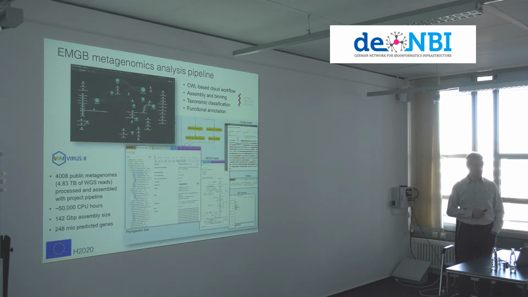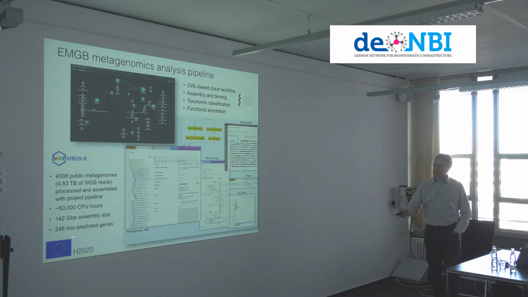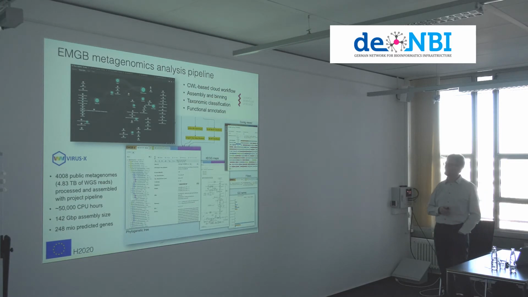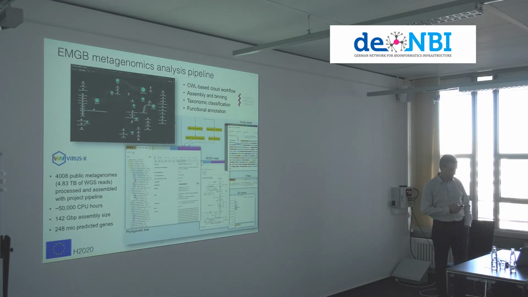We ended up with 140 gigabases of assembled sequence and 248 million predicted genes. Right? And now the goal is to cluster these genes and then look at clusters and see if there are actually genes which might be of interest for our commercial partners. Okay. And you also get these nice interfaces to look at the data and so on.